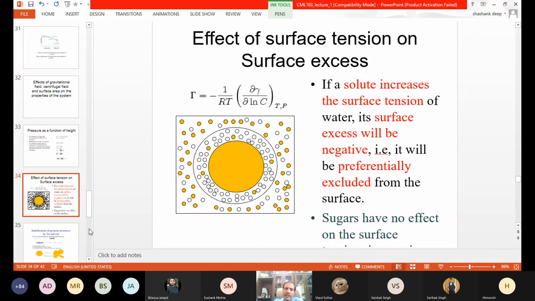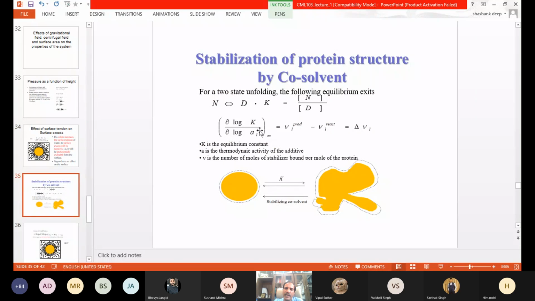Okay, is it clear? So now, there is an effect of concentration on the equilibrium constant, but I will not go into that. In layman's language, I just wanted to explain: if something binds to the reactant, and this is well known, if I want to shift the equilibrium towards this side, I add something which binds to the reactant.